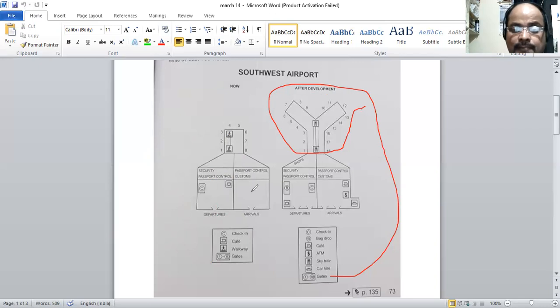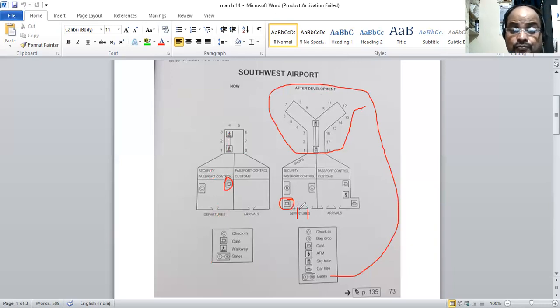Now at the departure, we do have some changes. We have 2 departure gates here. We have a cafe. The cafe was here. Now it would be very next to the entrance, on the left side of the entrance.